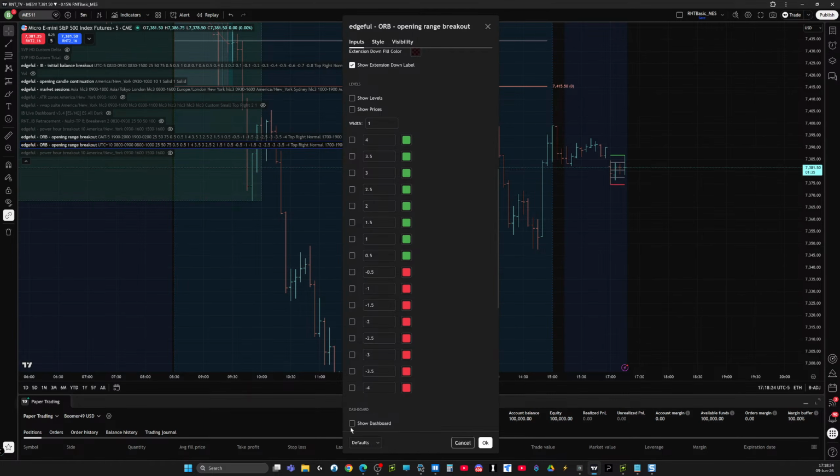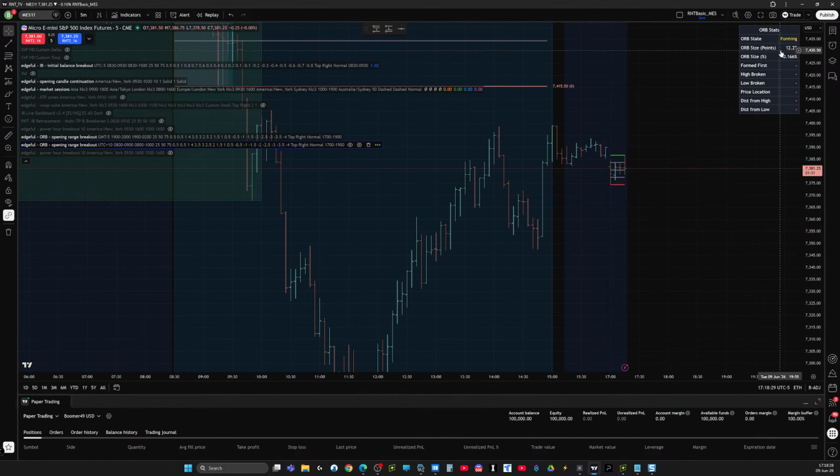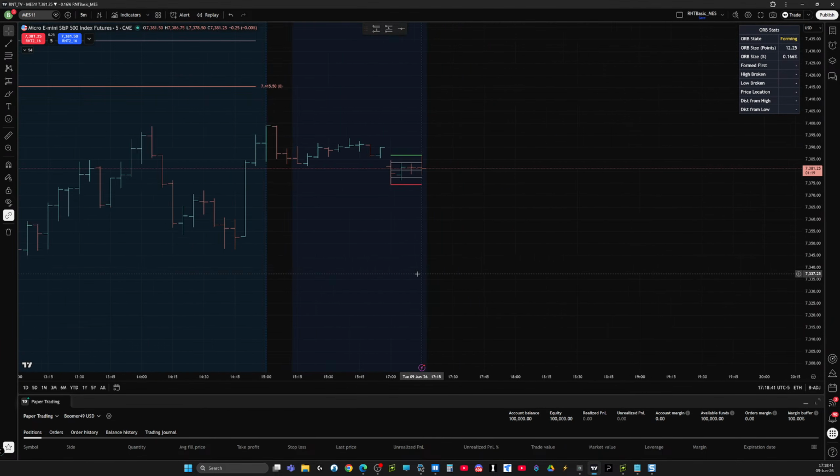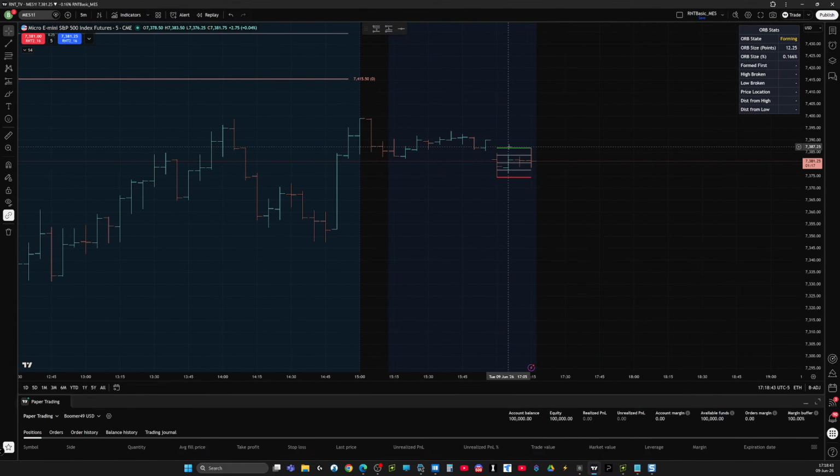What this is going to show us is the range which was formed first, which was formed second, which was broken out, etc. So there's the opening range for the Globex as we stand right now. Remember, we were just talking about the opening range low was put in first, and now we have the high, and there we go.